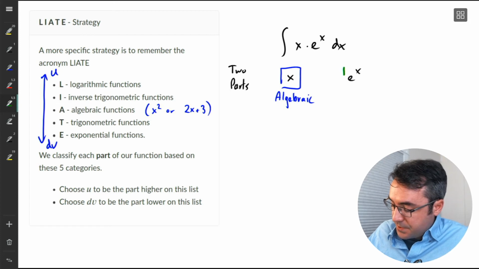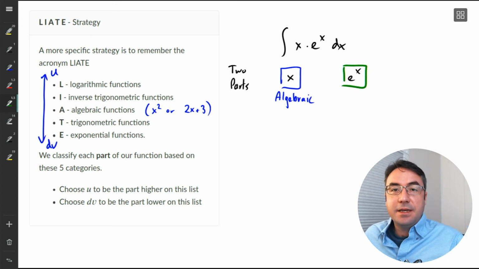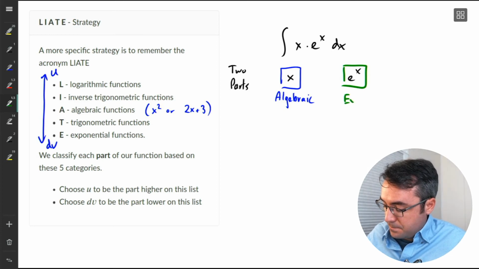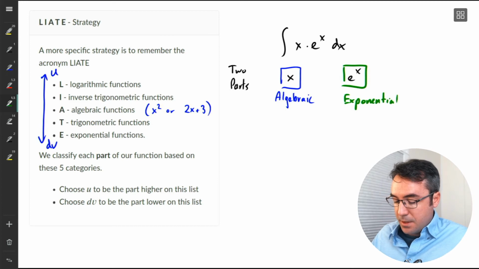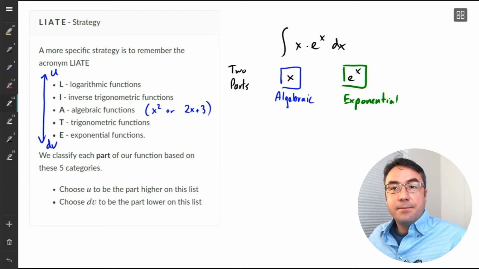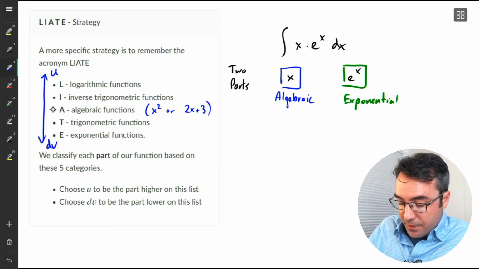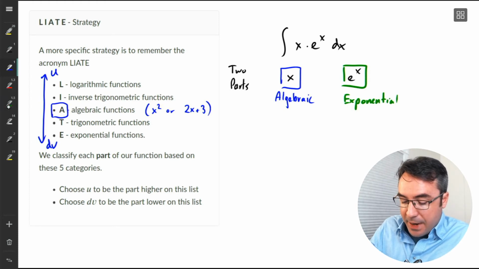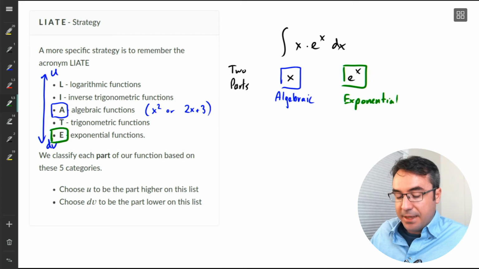And same thing, we do it for the other one, e to the x. Well, that's an exponential function. So I have my algebraic function on my list for example 1, and I have my exponential function on my list.